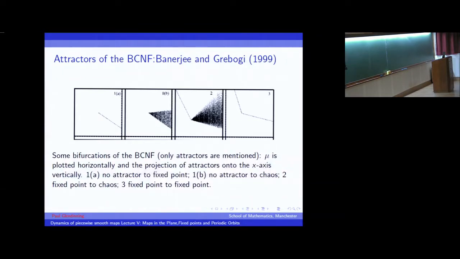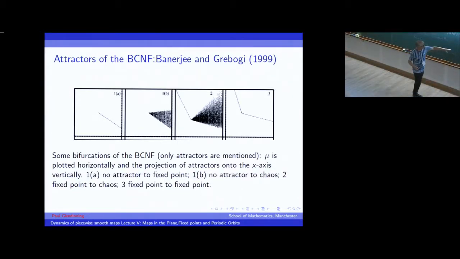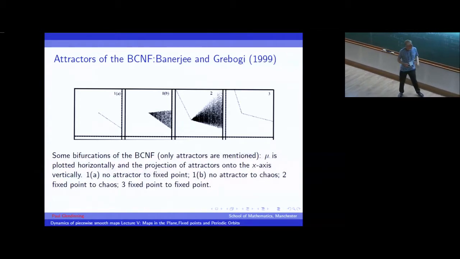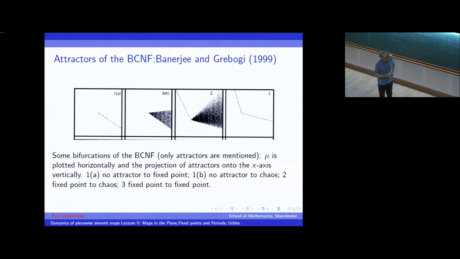There were electric circuit systems where analysis of this map would be interesting, and you knew that it was a normal form for some bifurcation theory. But what's the phenomenology? It's in principle interesting, but is it dynamically interesting at the same time? So the first thing is, let's establish that it's dynamically interesting.